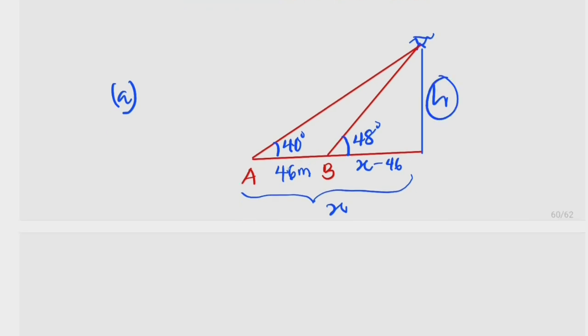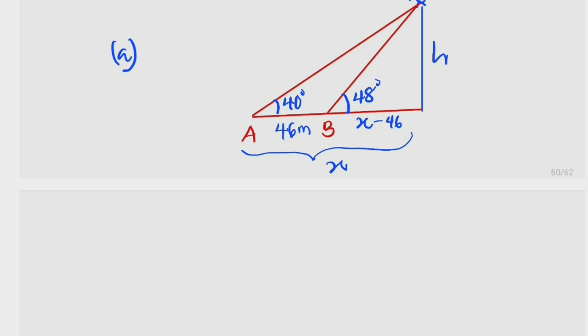So since we have the opposite side and the adjacent side, we can use the tan ratio. Let me start with this angle right here. So the B part: the tangent of 40 degrees is equal to opposite divided by adjacent. The opposite is h, and the adjacent is x, which is the total length here.